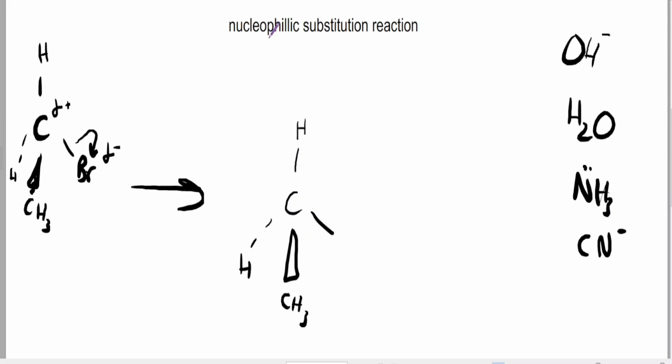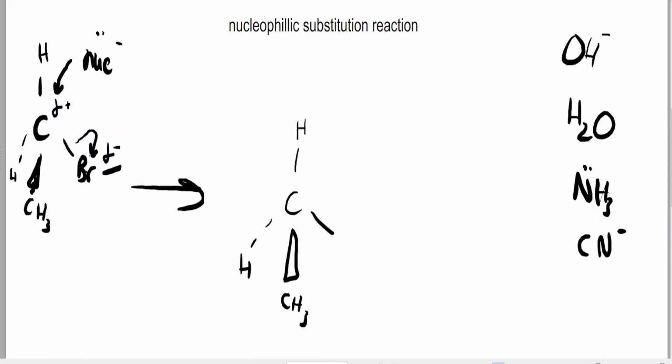Now, in the exam, they expect you to know the mechanism for the nucleophilic substitution reaction. So, any of these four nucleophiles would attack this carbon in the halogenoalkane. So, I write nucleophile, with a lone pair, which is negative. This would attack the partially positive carbon atom. First thing is you write the partial positive and negative charges. Carbon is partially positive. Bromine, since it's electronegative, is partially negative.